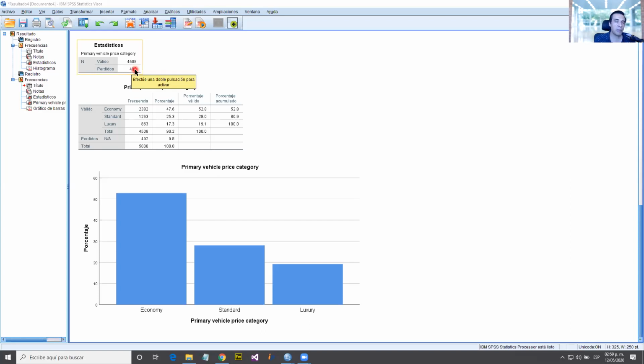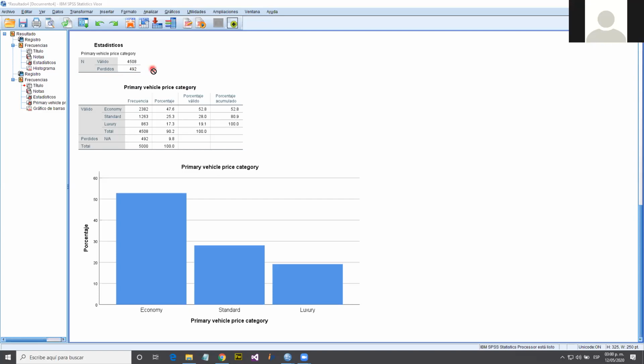Who can tell me what this means? The lost value thing? What does 492 mean? What happened with them? That they did not enter and establish. Are they values that do not matter?